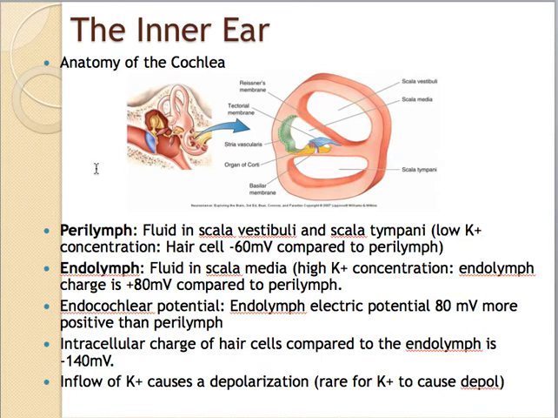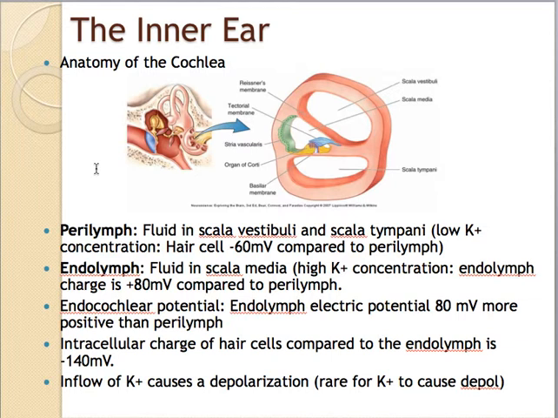With the perilymph, the thing that I want you to remember is that there's just low potassium concentration in the perilymph. In the endolymph, there is high potassium concentration. The importance of that is this is what's going to cause the activation, the generation of an action potential.